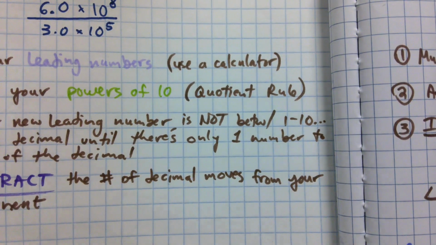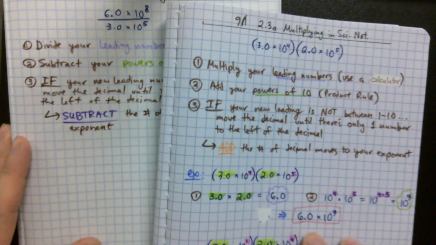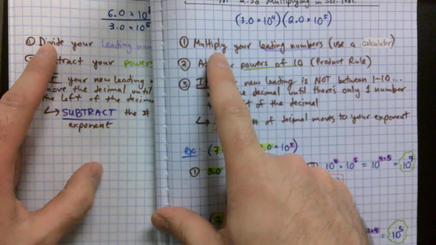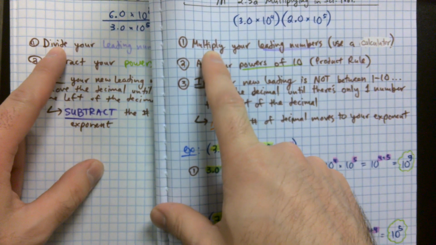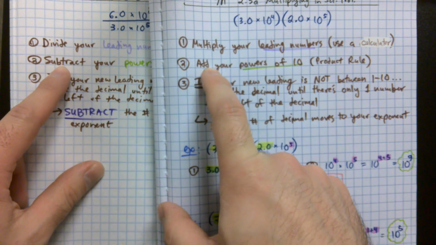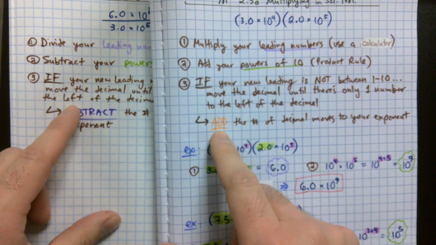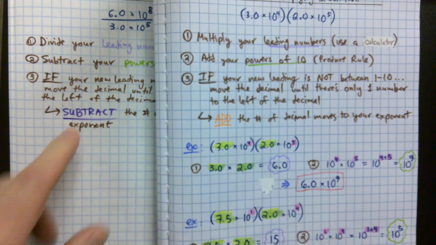Let's real quick, I want to show you a little side by side from the previous lesson to today. On Friday we multiplied our leading numbers. Today we're dividing. On Friday we added our powers of 10. Today we're subtracting. Same step 3, except instead of adding 1 to our exponent, we're going to subtract 1 from our exponent.